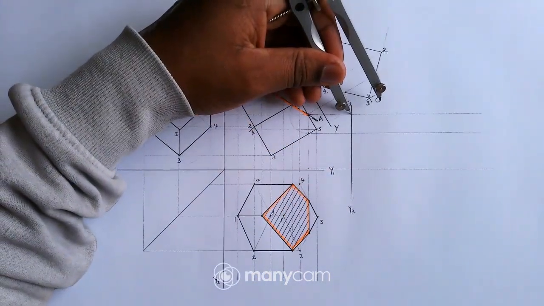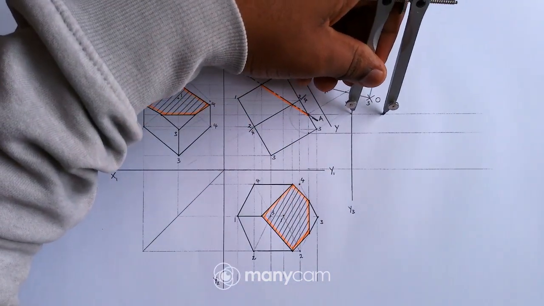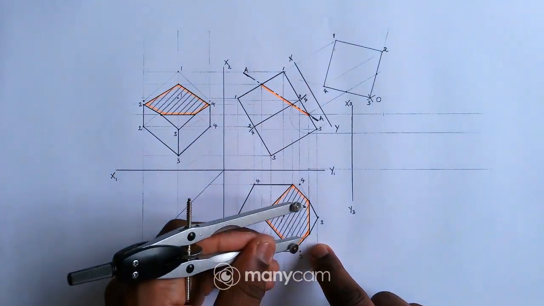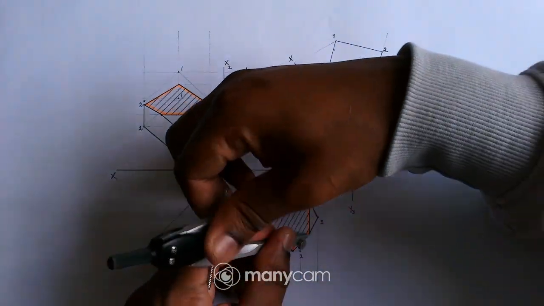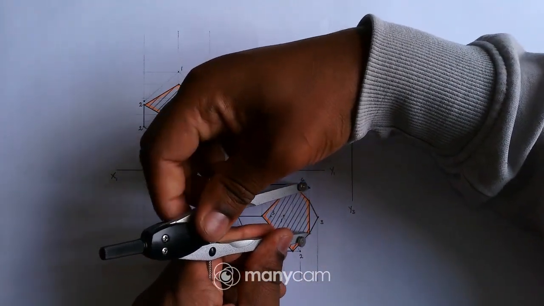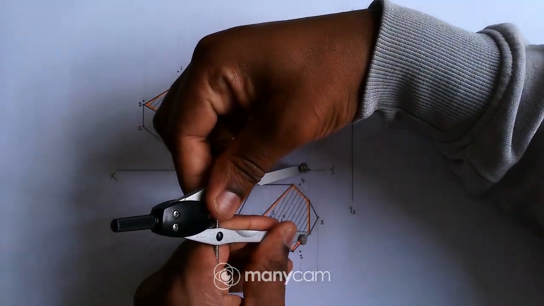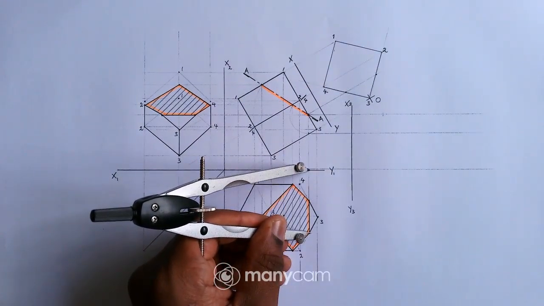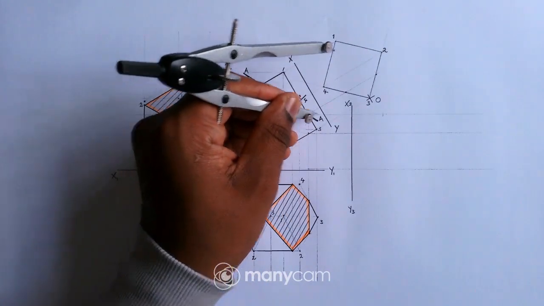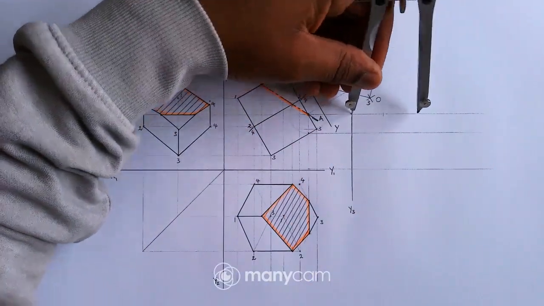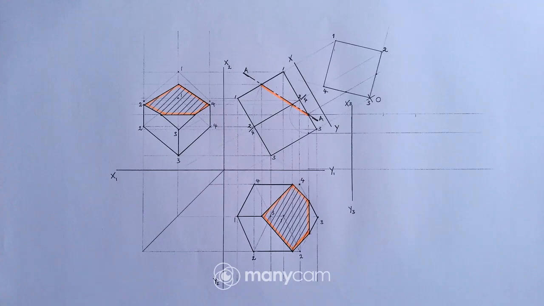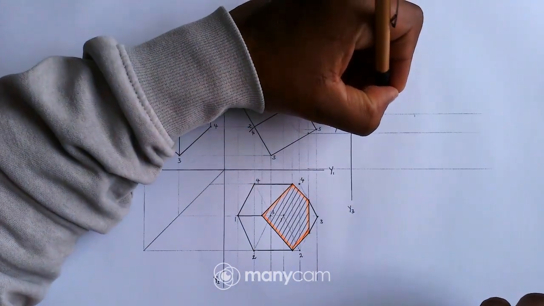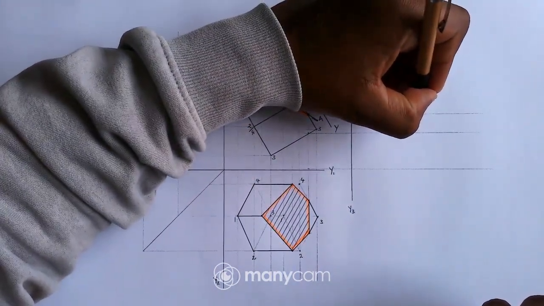So I'll mark the first point there, and then the second point is right there. So I have to open my compass to the XY line there, just like that. From the point to the XY line, I'll use the same line there. That means I'll mark a point there. So those are the 2 points of the cut surface.